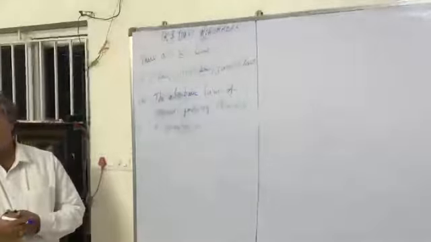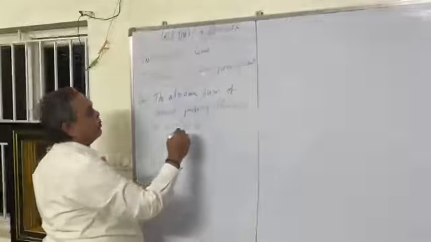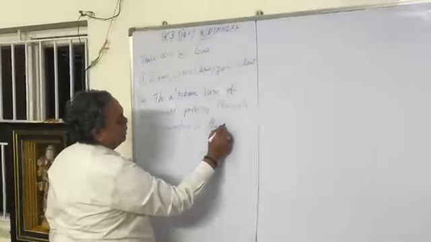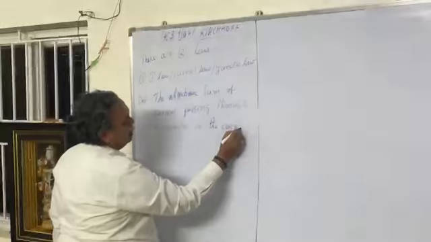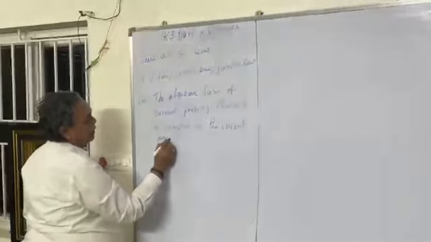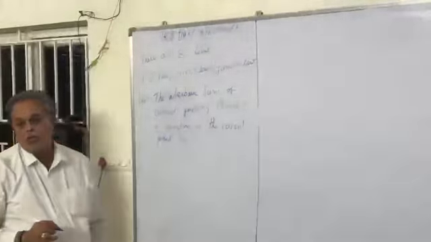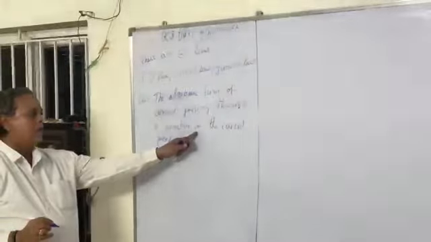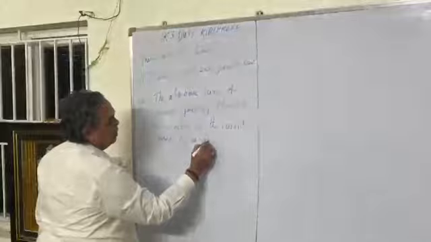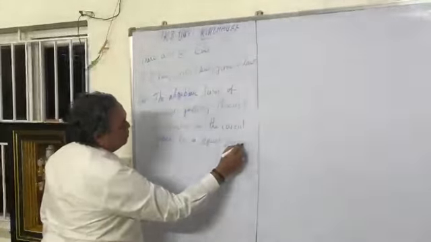The current passing through a junction is 0. Here also it is equal to 0. Means it is equal to 0.